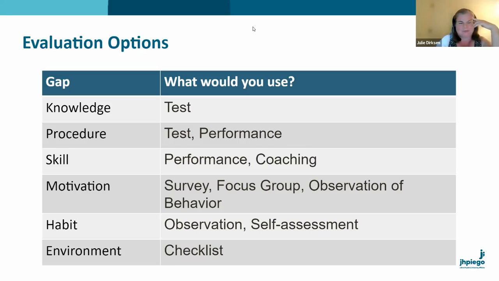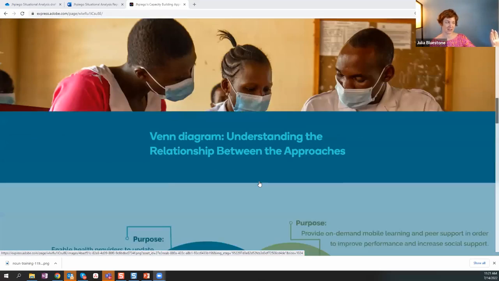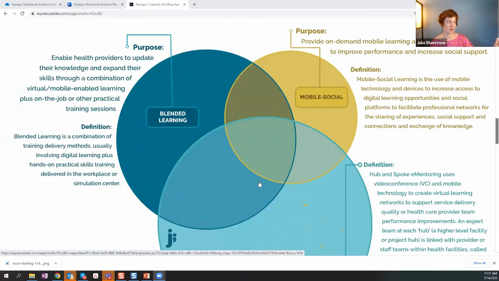Don't feel bad about asking that question, because everyone defines it differently. And a lot of people just define it as combining different learning approaches. The way we define it, because this is what we use for our theory of change and minimum specifications, and I'm just going to share my screen really quickly, is Jhpiego defines it like this. Obviously, this is our internal facing capacity building website.